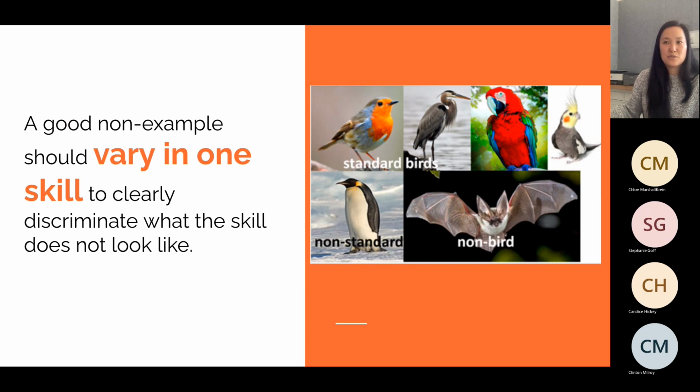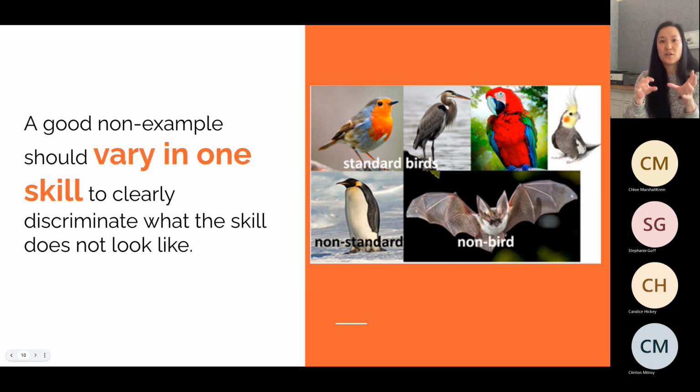A good non-example should vary in one skill to clearly discriminate what the skill does not look like. For example, if we look at this example of birds, there's standard birds, non-standard birds, and a non-bird. Choosing which non-example you want to use is almost as important as choosing which example you want to use.